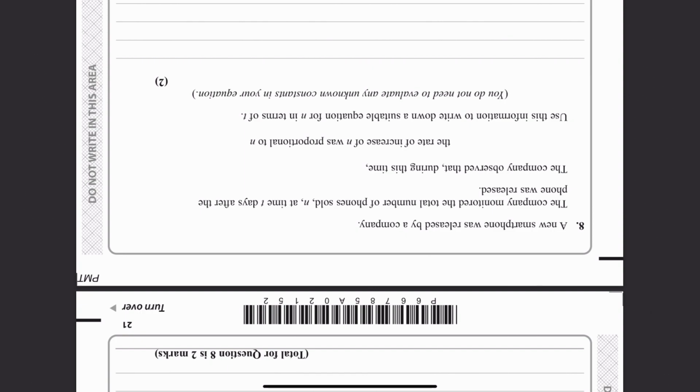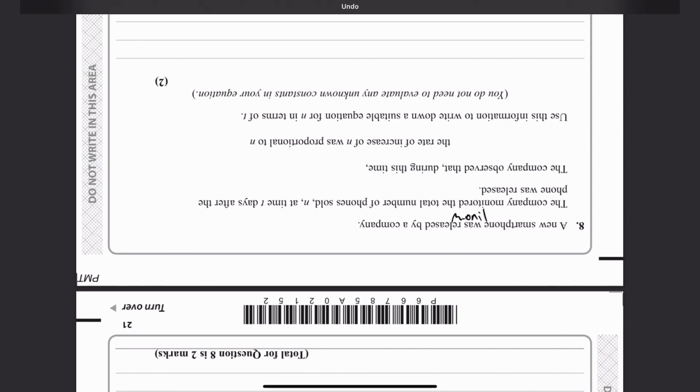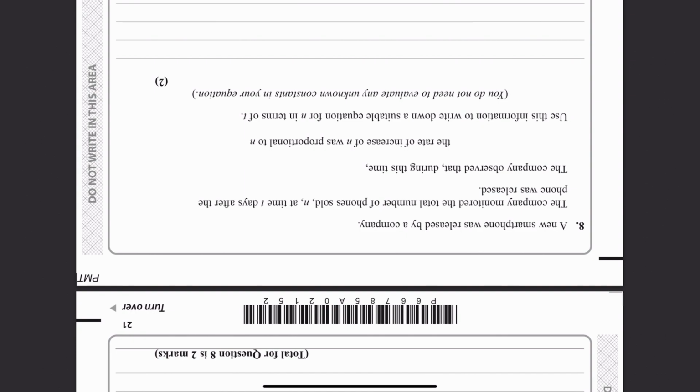The company monitored the total number of phones sold.